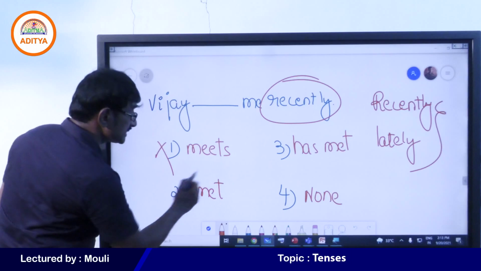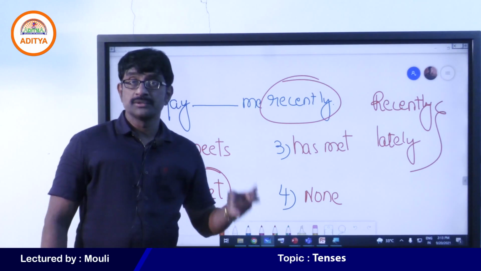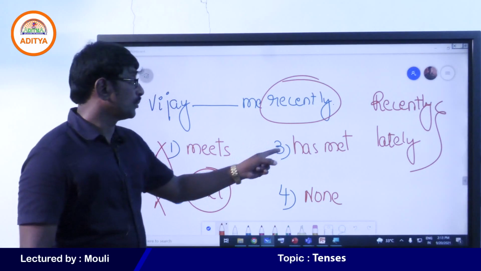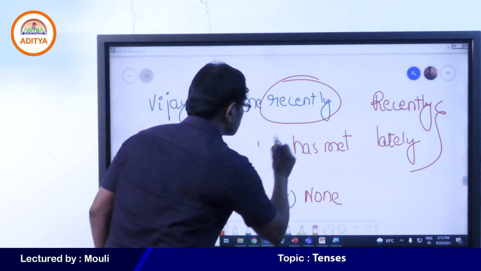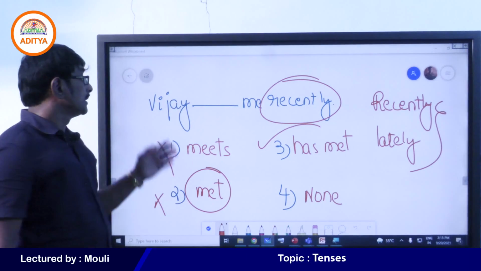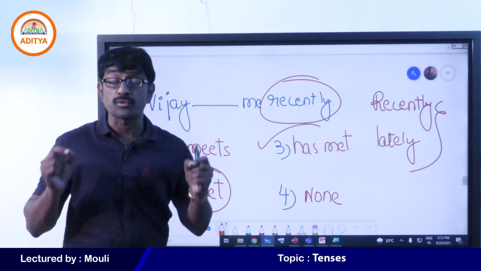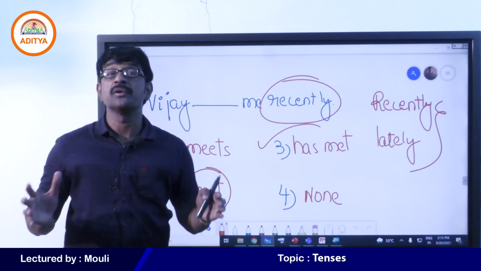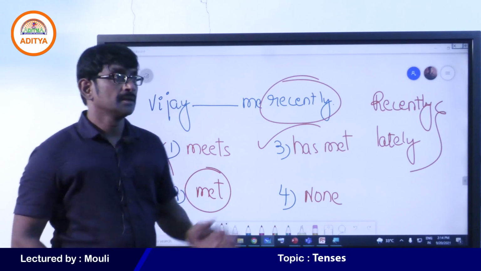And when we see this is a past tense, this is not necessary. Still we have 2 choices. One is has met. The second one is none. So has met is the right answer. Vijay has met me recently is the correct answer among the choices. Okay, students?